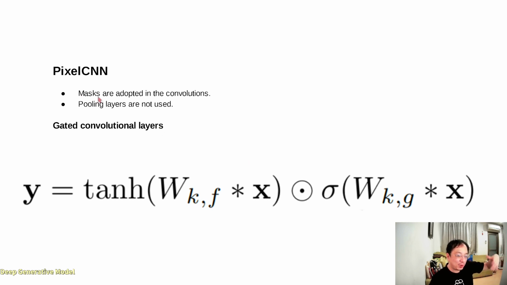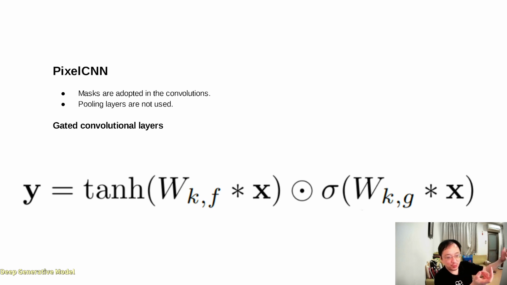Also, if we wish to use the autoregressive setting, the convolution has a square kernel, so it will see the future. The future means the pixels that come after the center pixel in order. So it contains future information. So you need to do something to mask out the information that should not be given to this pixel.